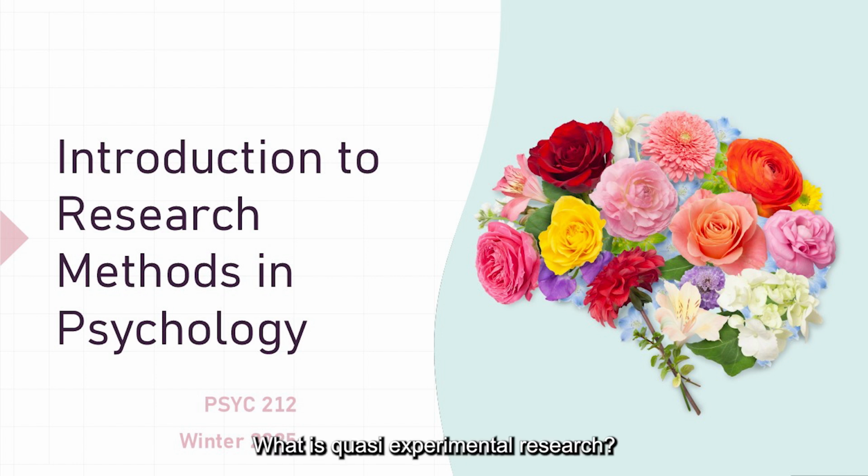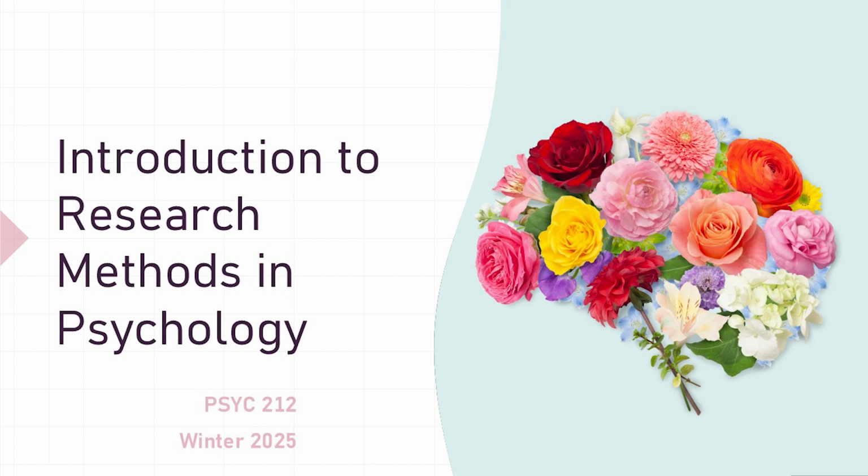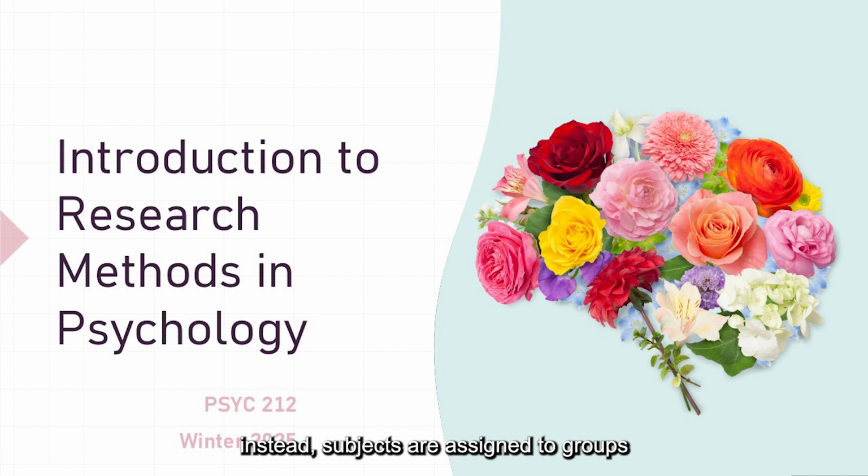What is quasi-experimental research? A quasi-experimental research aims to establish causal relationship between independent and dependent variables. However, unlike an experimental research, a quasi-experimental research does not rely on random assignment of subjects. Instead, subjects are assigned to groups based on non-random criteria.